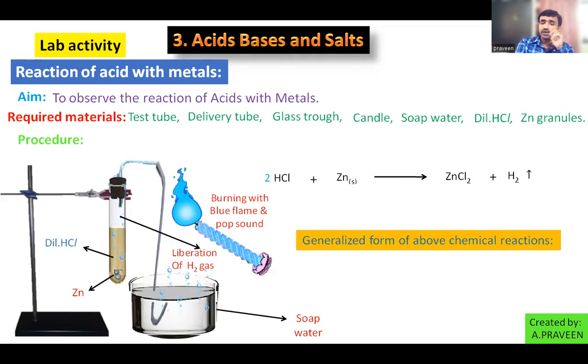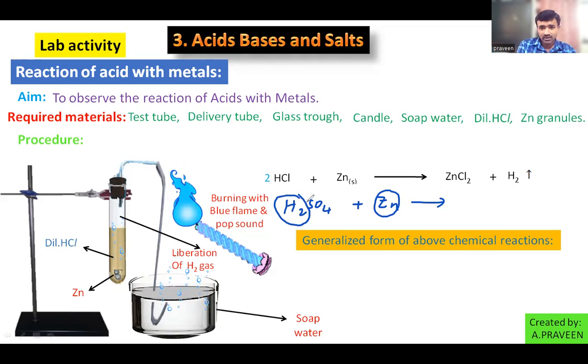How would I write it? If you change the acid, maybe you can conduct this activity with H2SO4. Suppose you conduct this activity with H2SO4 and the same zinc granules, what happens? The reaction takes place. The zinc displaces hydrogen gas and combines with the sulfate.